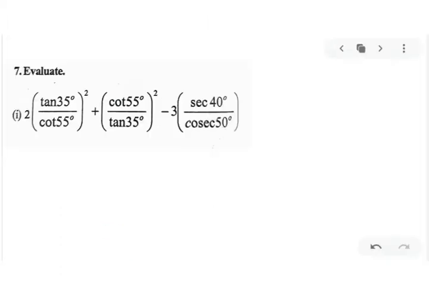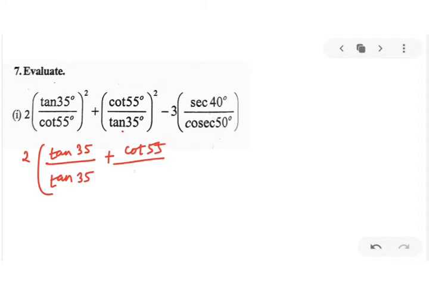Next is question number 7, in which you have the first part, which goes 2 tan 35 upon cot 55. Now for the evaluate question, that means you have to give the value. I will keep tan 35 as tan 35. Cot 55, can I write it as tan 35? That is cot 90 minus theta. Cot theta is equal to tan 90 minus theta. Then cot 55, I'll keep cot 55.